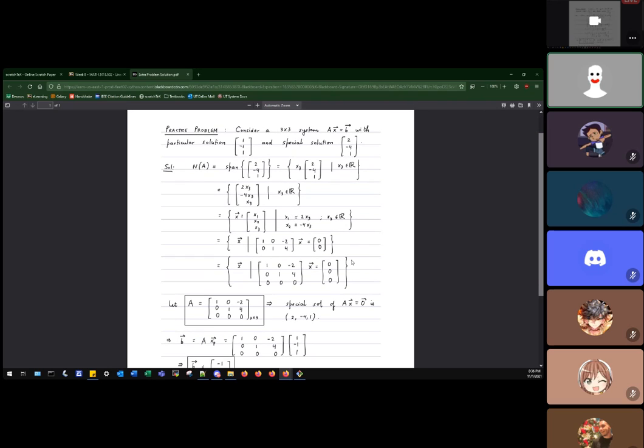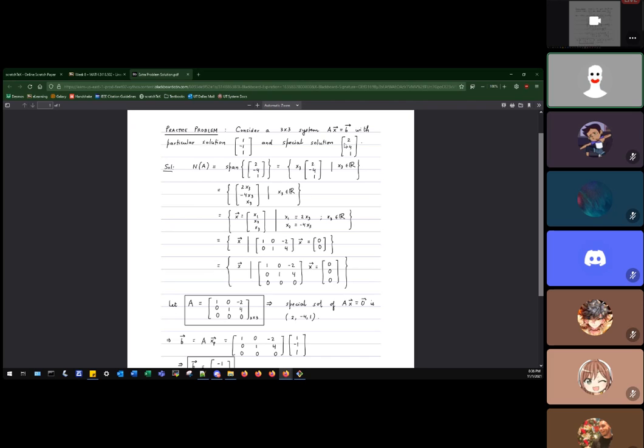This matrix does satisfy Ax equals b. Well, it does not yet because we haven't defined b yet. Actually, the only thing we found with this matrix is that the special solution is this.